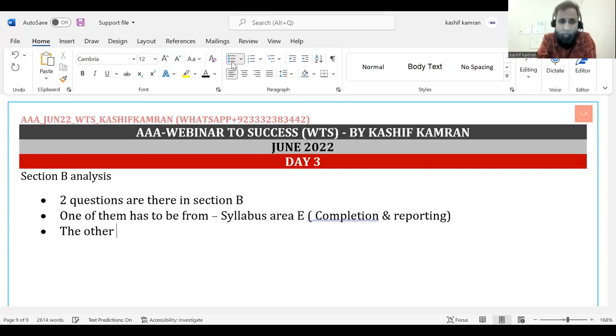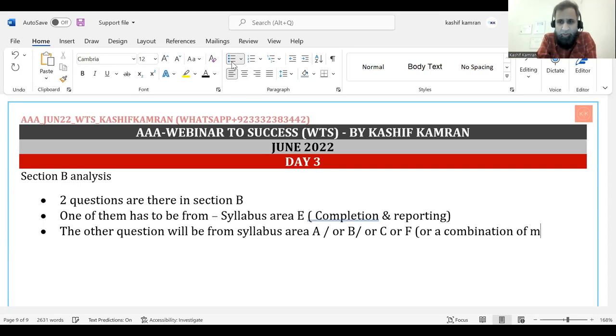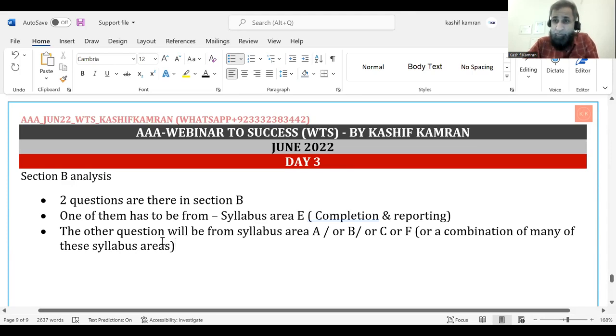The other question will be from syllabus area A or B or C or F, or a combination of many of these syllabus areas. Not necessarily is the complete question made on one syllabus area. So that's how section B looks.